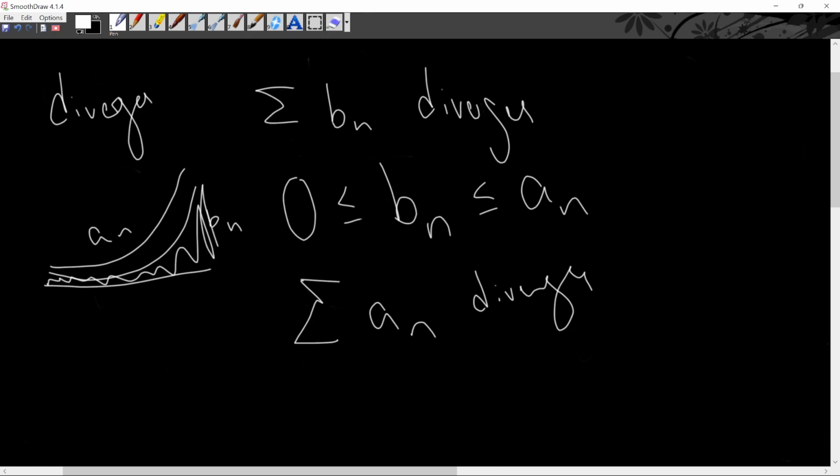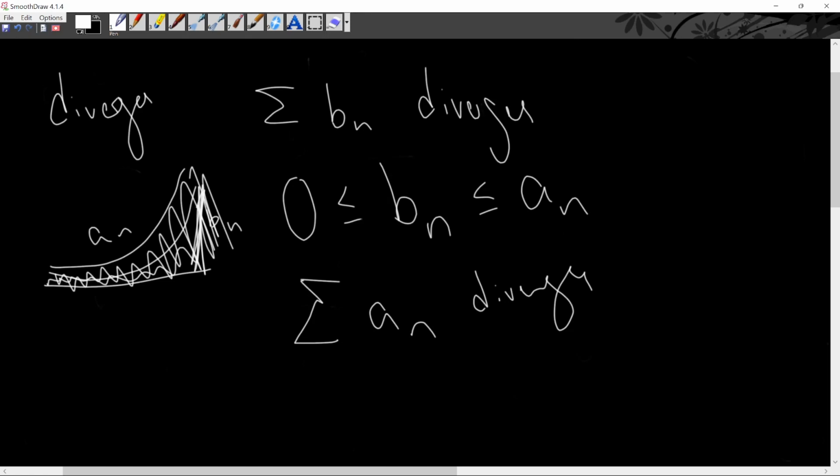Again, we're trying to express the sequence of partial sums as a function so that we can draw it out like this. If b sub n diverges, there's an infinite area under this curve, and every single term of a is larger than the corresponding term in b. If a is therefore greater than b, then since b diverges, a diverges.